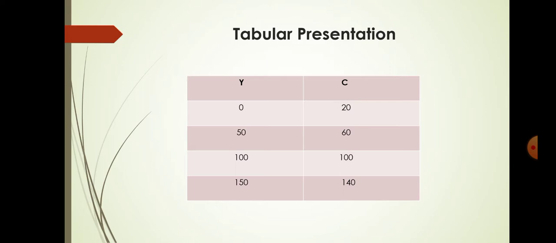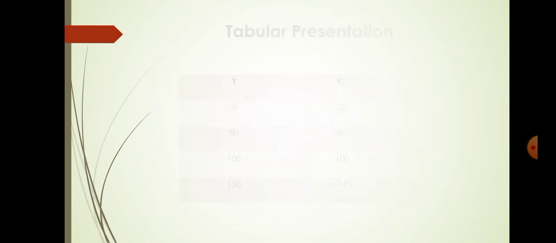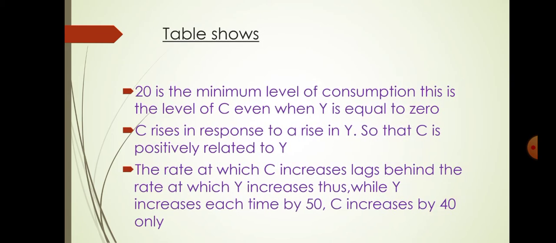It shows consumption is positively related to Y, and the rate at which consumption increases is less than the rate at which income increases. We can see that income increases each time by 50, but consumption increases by 40 only.